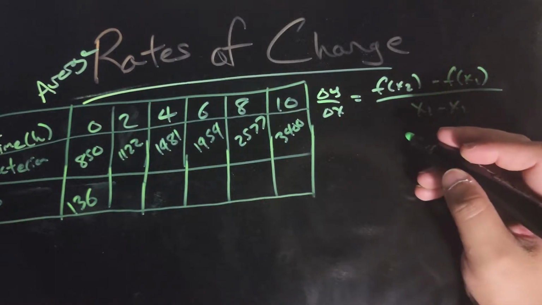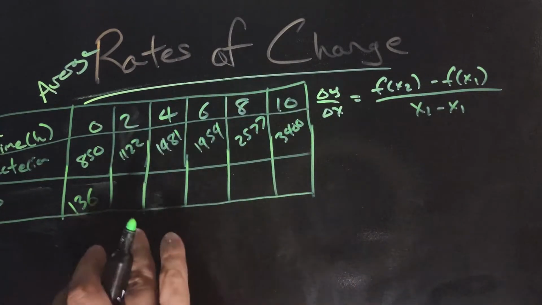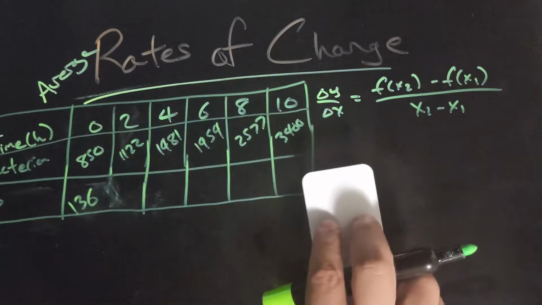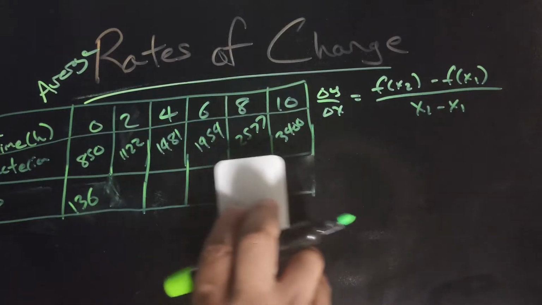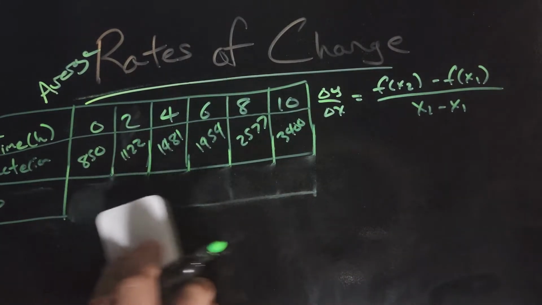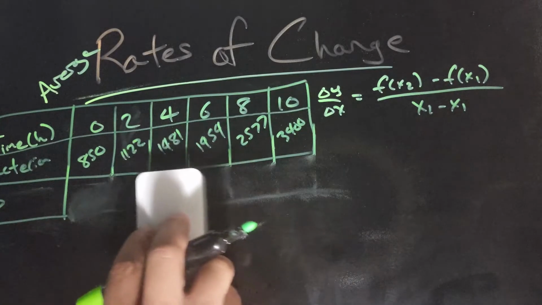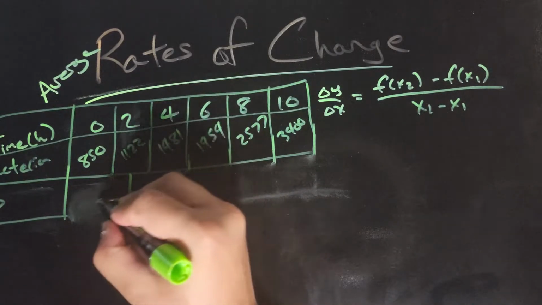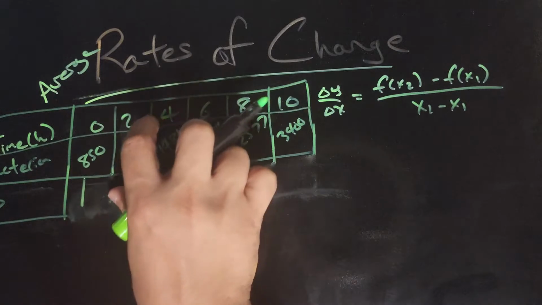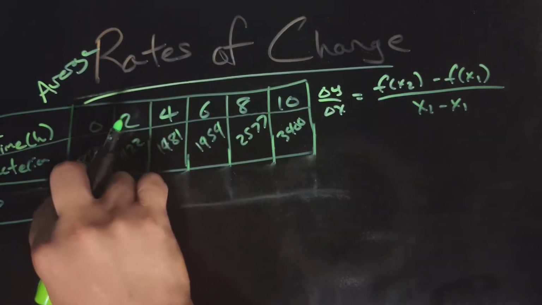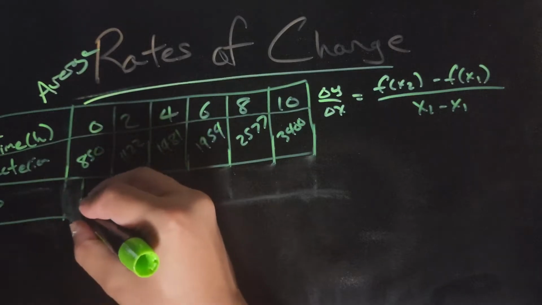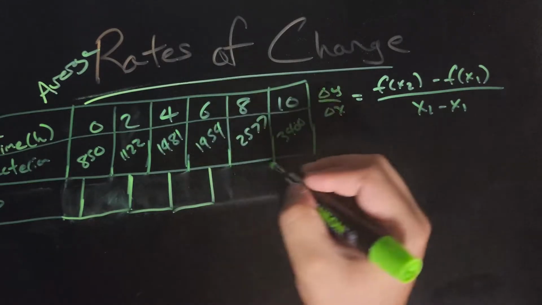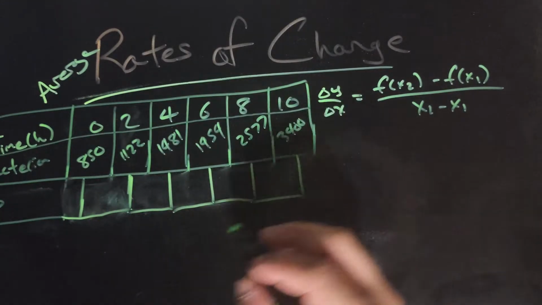Oh wait, that's going to get confusing. Let's do for these two, and then for these two, and for these two, and these two, and these two.